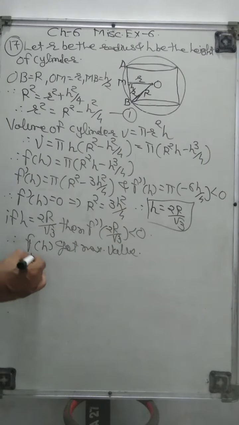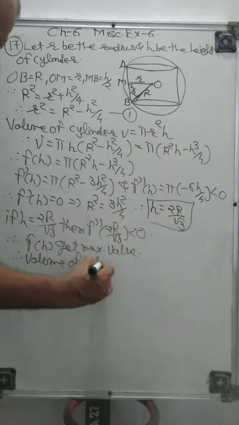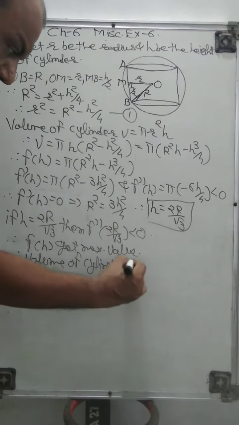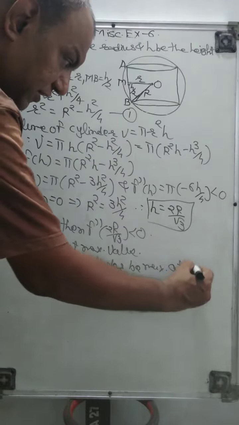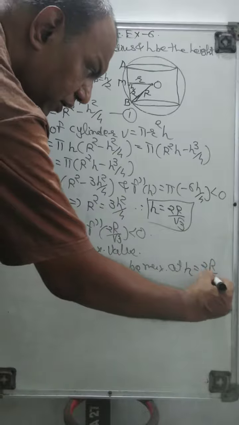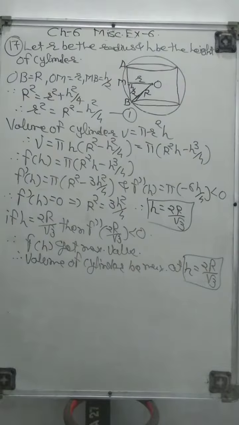Therefore, volume of cylinder is maximum at h equal to 2R upon root 3, right? So this is our first answer, that we wanted to find the value of h, which is 2R upon root 3. Now what?